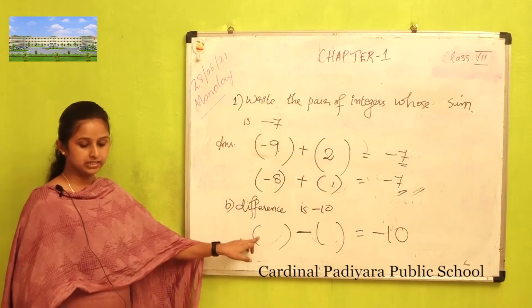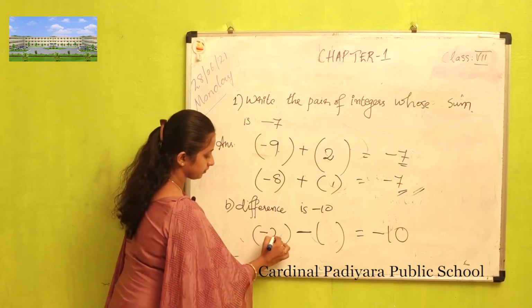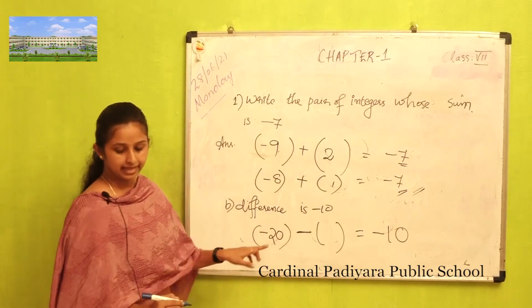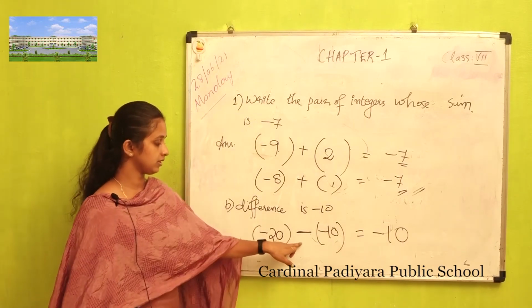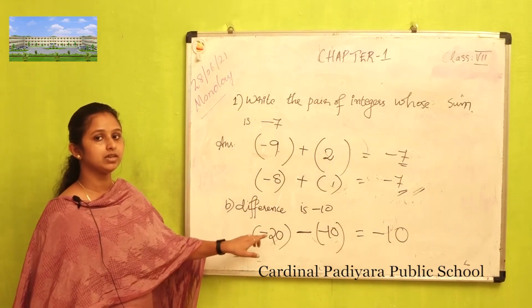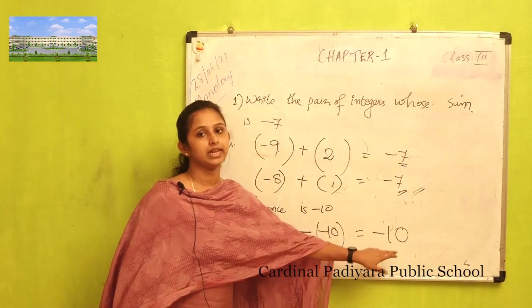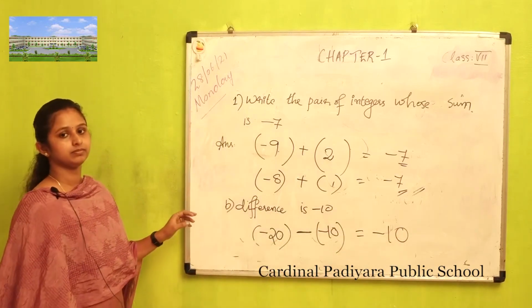So I am taking negative 20 and negative 10. That is negative 20 minus negative 10. This one becomes positive. That is negative 20 plus 10 is equal to negative 10. Okay, is that clear? Thank you.